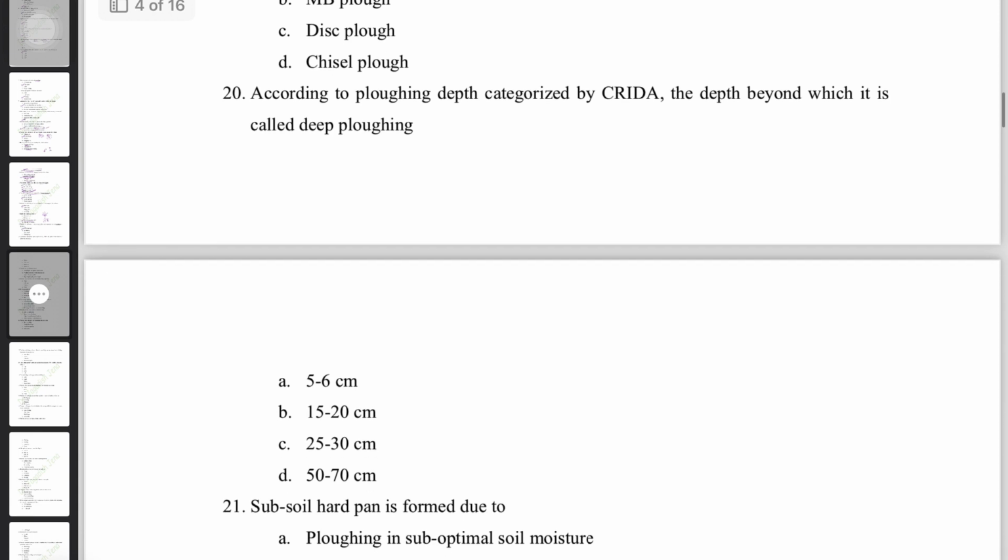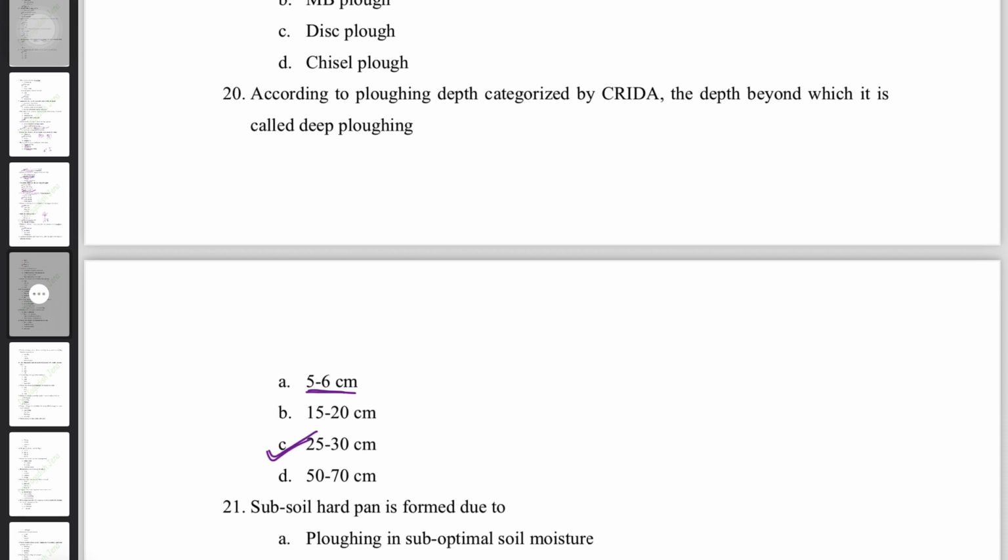Next question, according to the plowing depth classified by CRIDA, the depth beyond which it is called deep plowing. That is 25 to 30 centimeters.